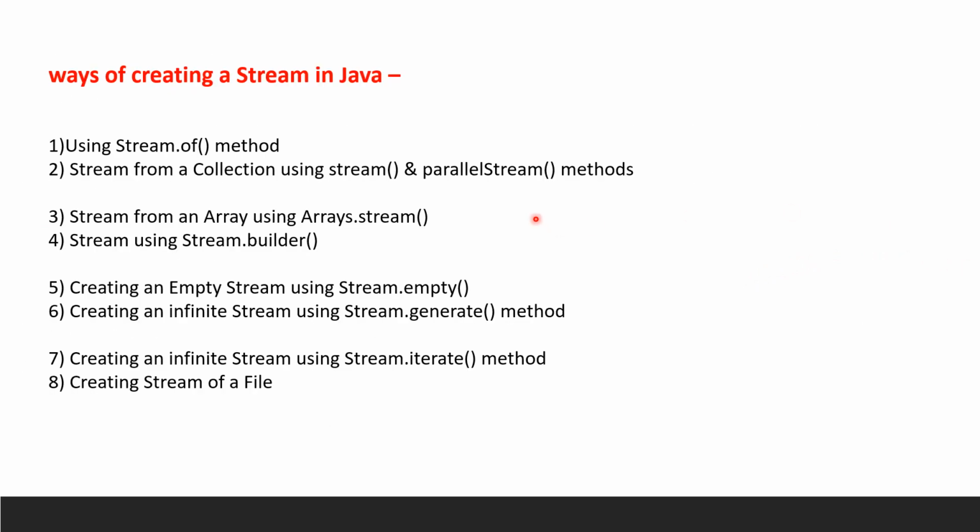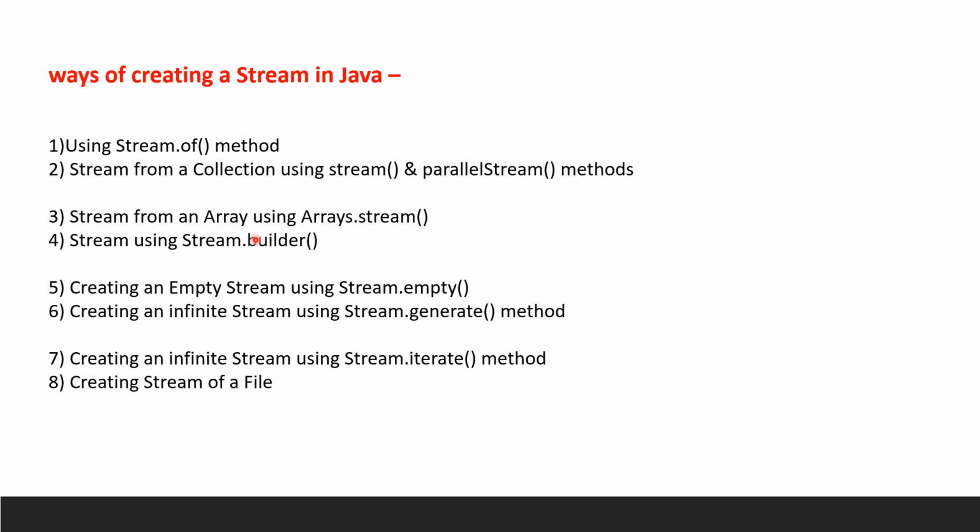So we have seen what a stream is, some of the important characteristics of the stream, the intermediate and terminal operations of stream, and how to create a stream in Java.